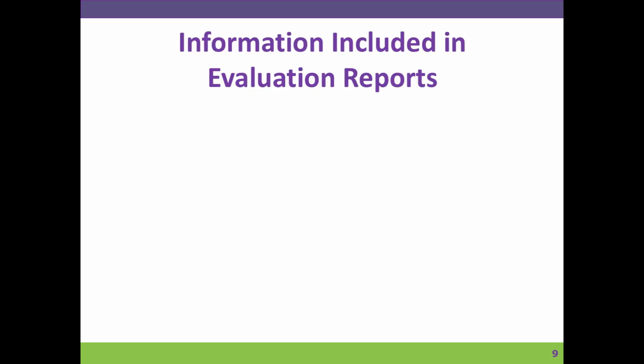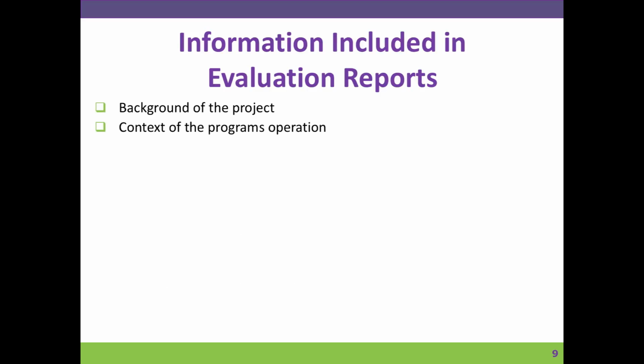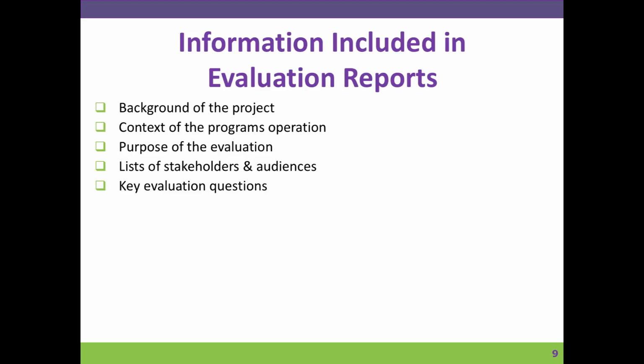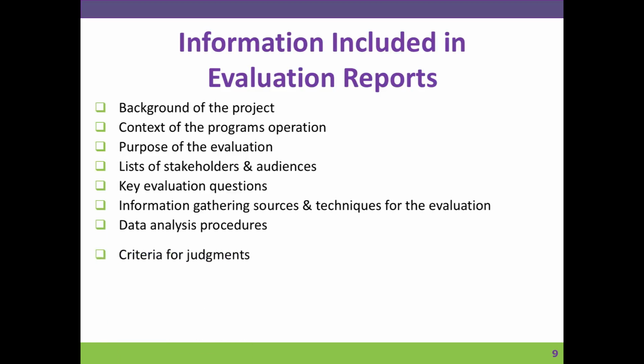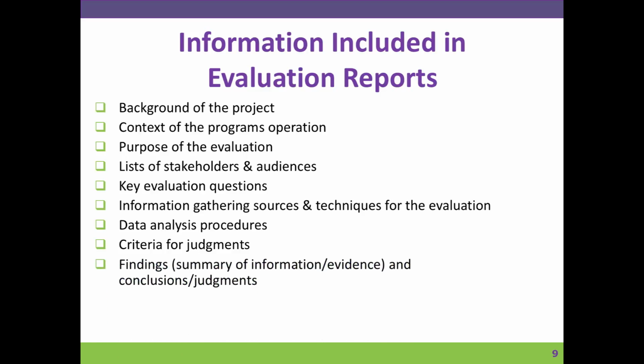A formal final evaluation report would generally be expected to include the following kinds of information: the background of a project or the activity, the context of the program, the purpose of having the evaluation completed, a list of stakeholders or audiences or clients, key evaluation questions and the information you actually want to gather, information gathering sources and techniques used for evaluation, data analysis procedures, criteria for any judgments, findings and conclusions, any recommendations, and then any supplementary materials such as appendixes.